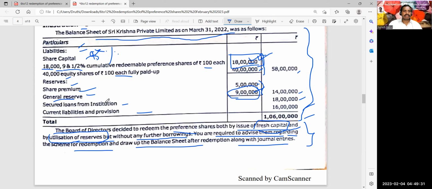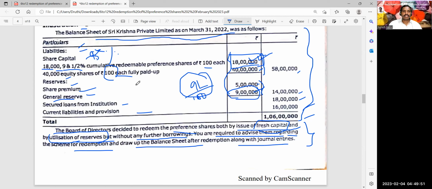Correct. You need 18 lakhs, and 9 lakhs is available from general reserve. How much more do you need? The difference between these two is 9 lakhs. To this extent, how many shares have to be issued? Each equity share is 100 rupees, so 9 lakhs divided by 100.